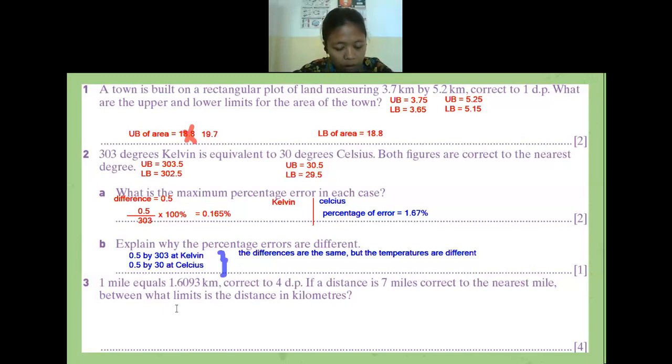How many is the upper bound of 1.6093? It is 1.60935. Is there anyone confused about the lower bound? 1.60925. Is there anyone getting difficulties?